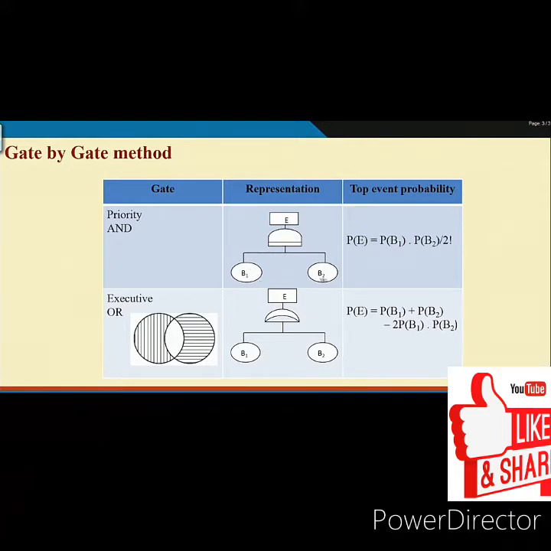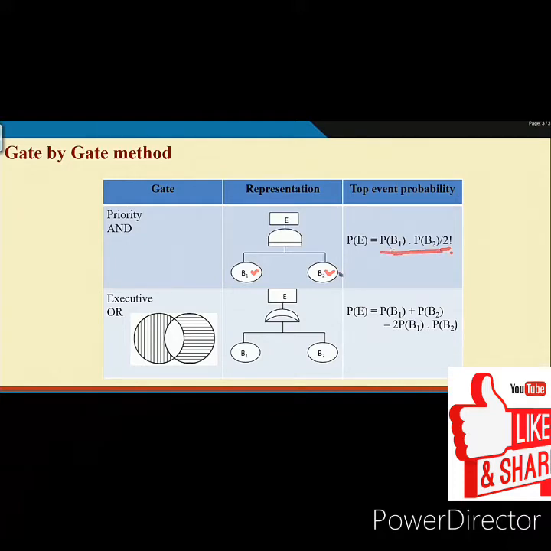As there are two input events, either B1 occurs first followed by B2, or B2 first followed by B1. So, there are factorial 2 ways this can occur. How many combinations favor this? Only one. So, what is the probability of that priority ordering? 1 by factorial 2. That is why P(B1) into P(B2) into probability of that combination, suppose C, and that is 1 by 2.